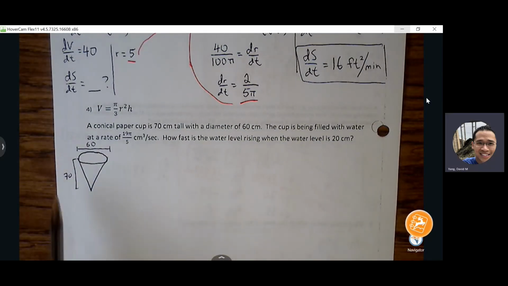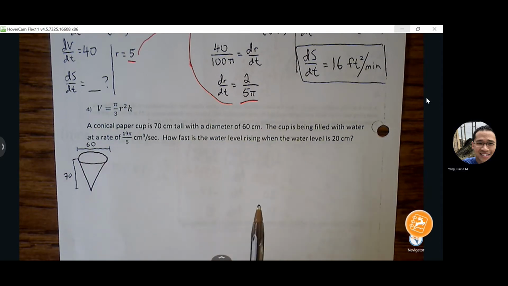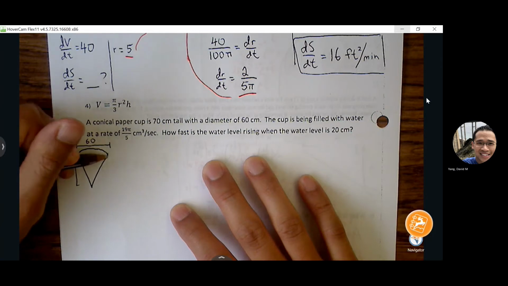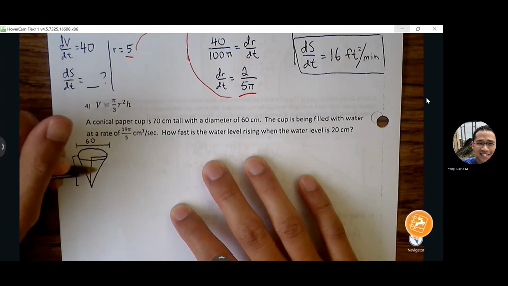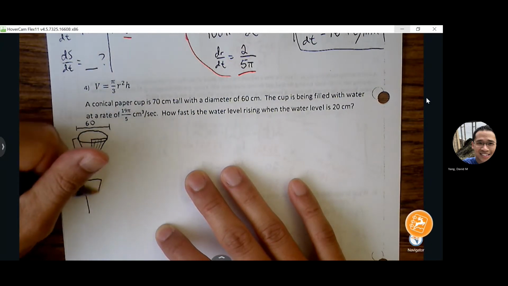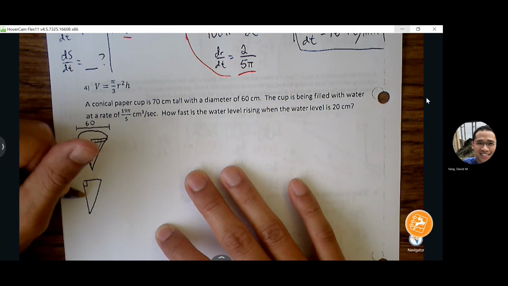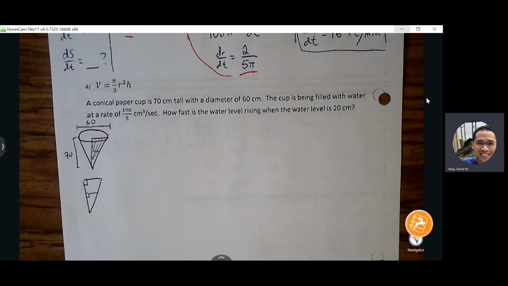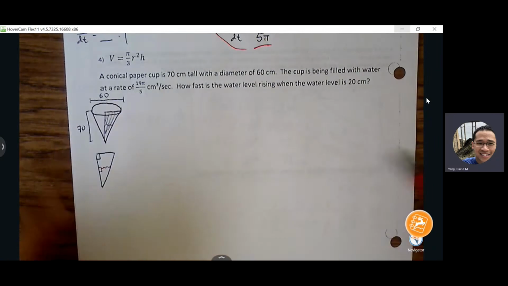So, a paper cup 70 centimeters tall, diameter 60 centimeters. Gotta use proportions here.